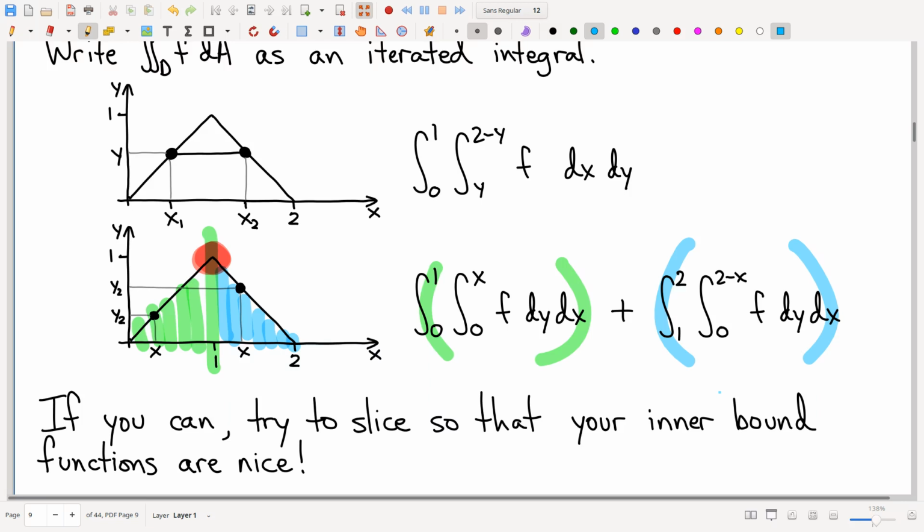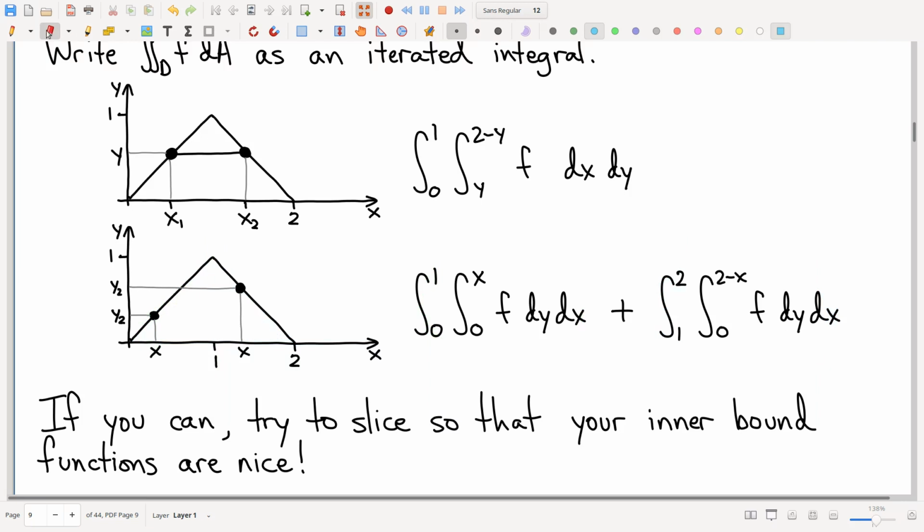Now, you could point out, and you'd be right, that technically I kind of sliced through corners in this example too, but when I sliced through those corners, I was starting a new integral there anyway. It's not really a problem, right?